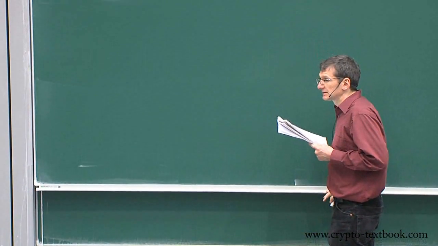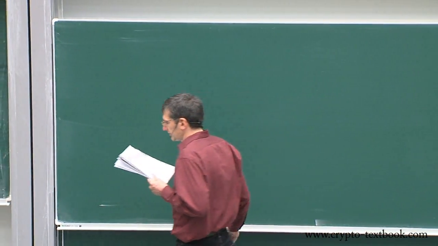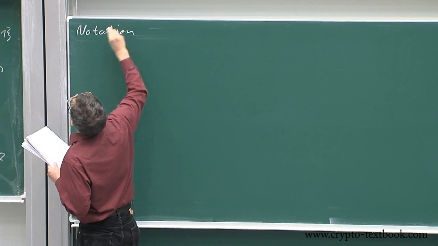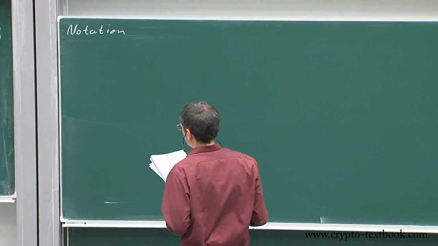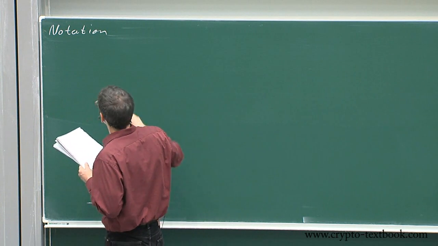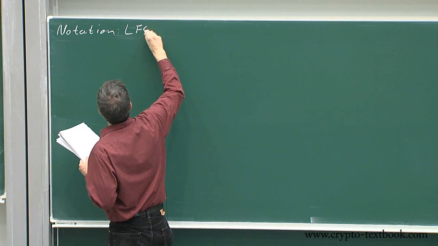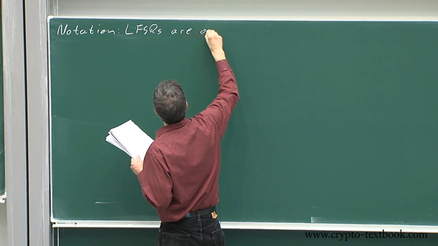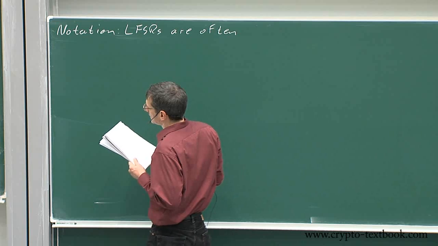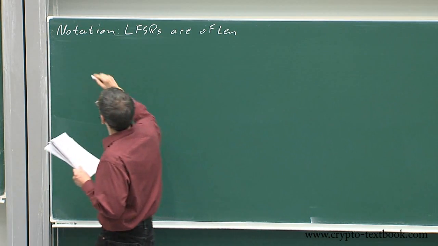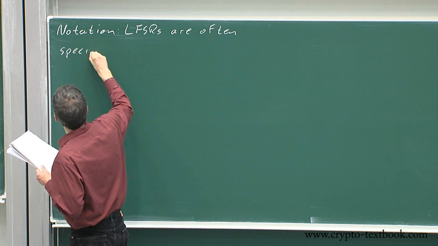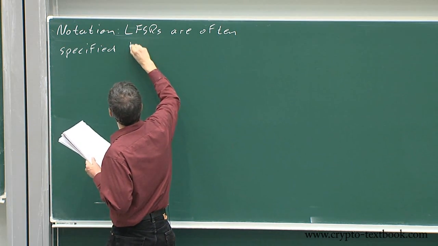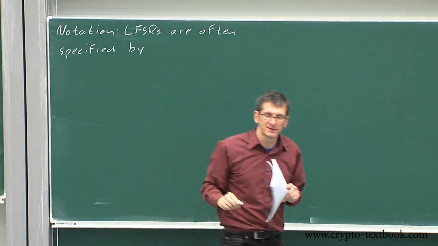So now comes a kind of a weird thing, namely a notation. LFSRs are often specified by what? So what do I mean by specified?